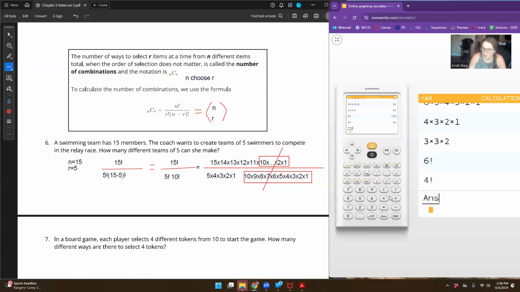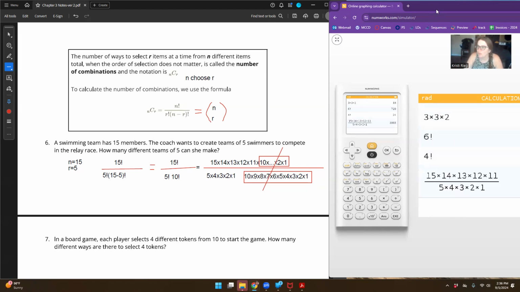I'm just going to put my divided by so I can get my fraction already. So I have 15 times 14 times 13 times 12 times 11. And then I have 5 times 4 times 3 times 2 times 1, because all of the 10, 9, 8, 7, 6, all that stuff canceled out.